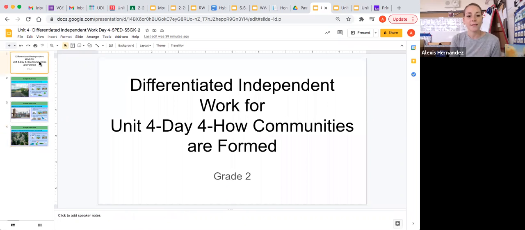So this differentiated independent work goes along with Unit 4, Day 4 for second grade. This will be provided along with this video. I encourage you to make a copy of this slideshow and send it off to your students that need this extra support to tackle this independent work.